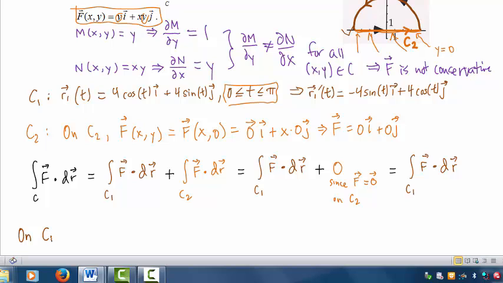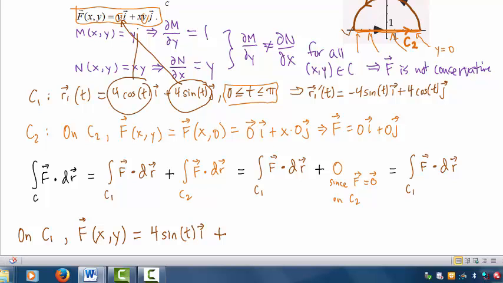Now, on C1, F is equal to 4 sine of t i, because this is y, plus x times y. Here's x, here's y. So it's plus 4 cosine of t times 4 sine of t, j.